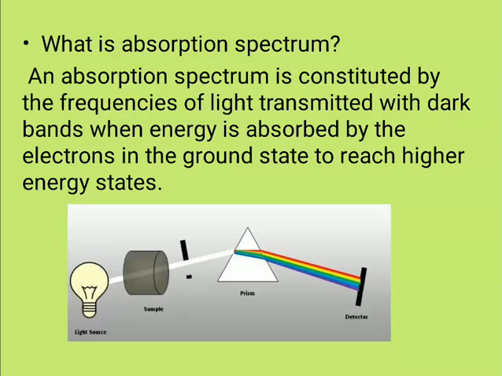The two dark lines correspond to the wavelengths 5890 and 5896 angstrom respectively. This means these two lines have been absorbed by sodium chloride. That's why these two lines are not visible in the otherwise continuous spectrum of sodium chloride. So this is the absorption spectrum of sodium chloride.